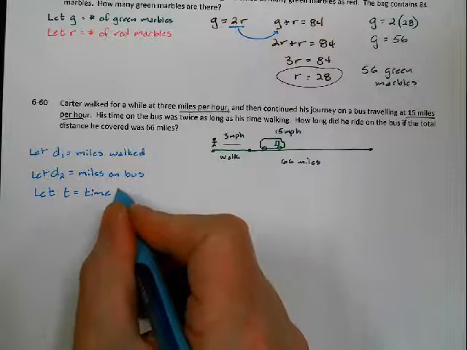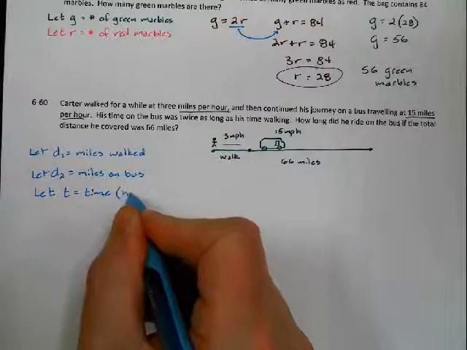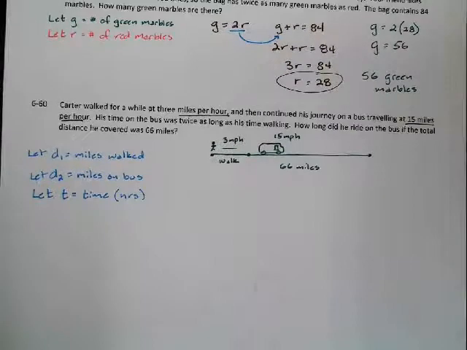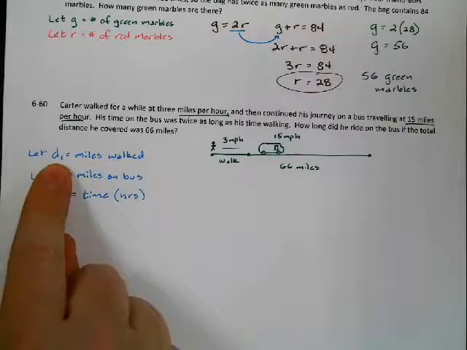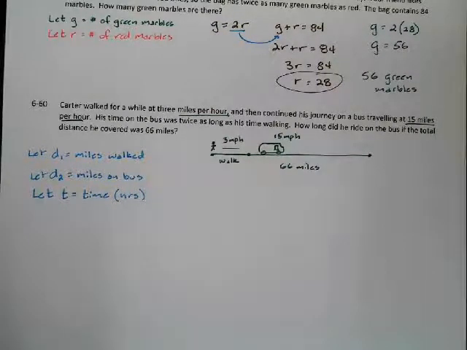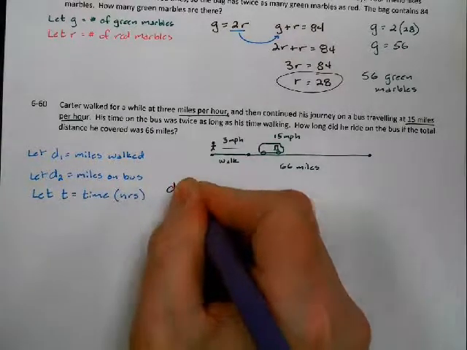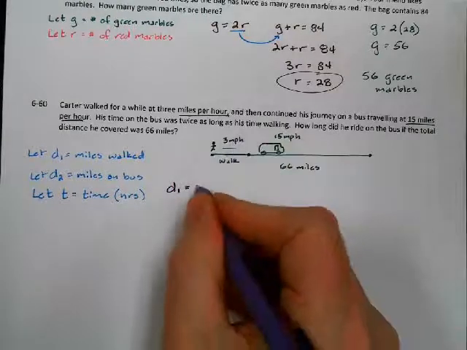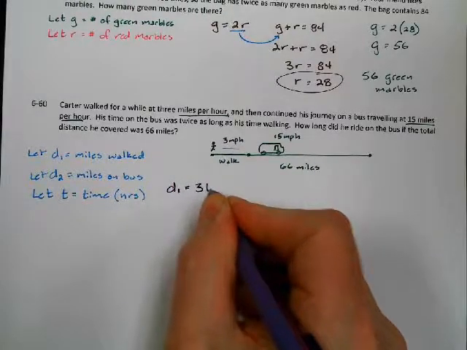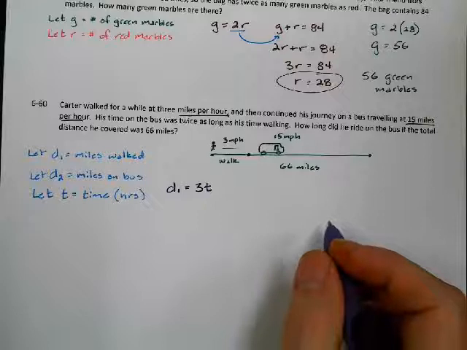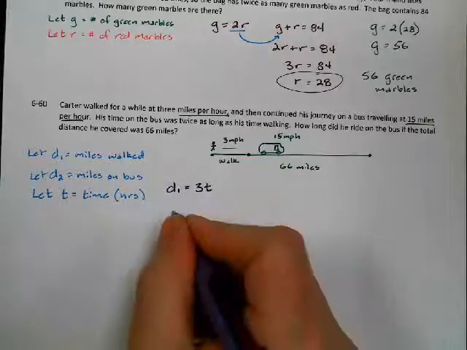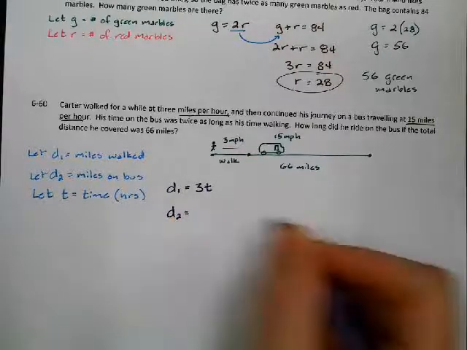All right, so let's write an equation for the distance that he walked. d1 equals 3 miles per hour, so rate times the time. Let's write an equation for the distance on the bus. Distance on the bus is rate times time, so 15 times the amount of time.